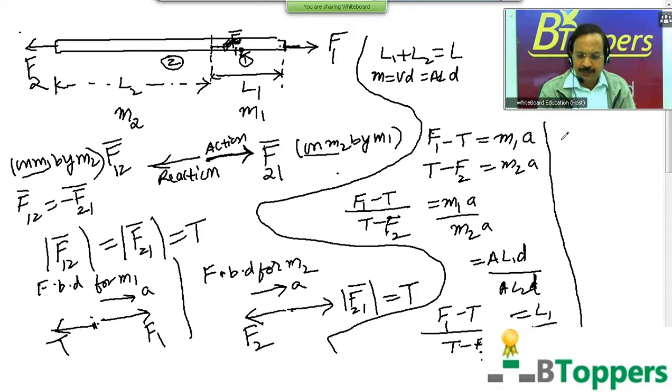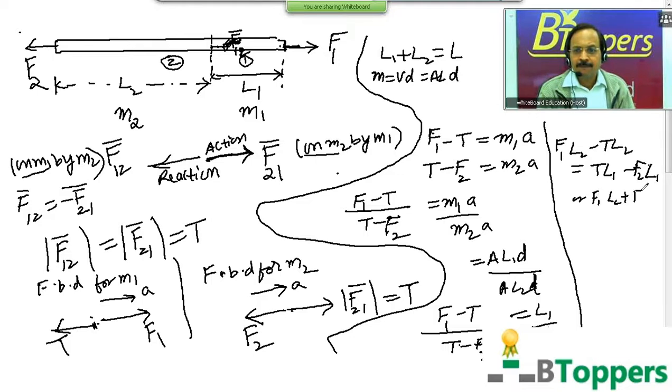Then if you cross multiply and solve for T, you can cross multiply and solve for T.